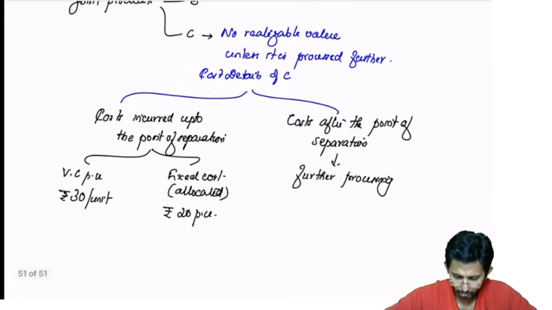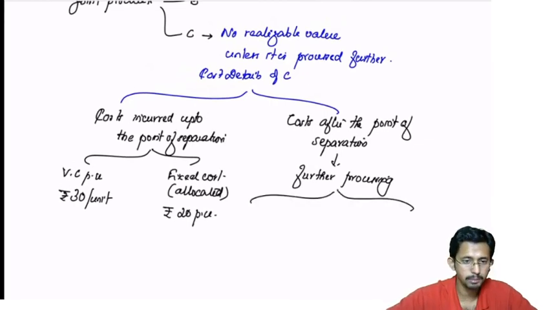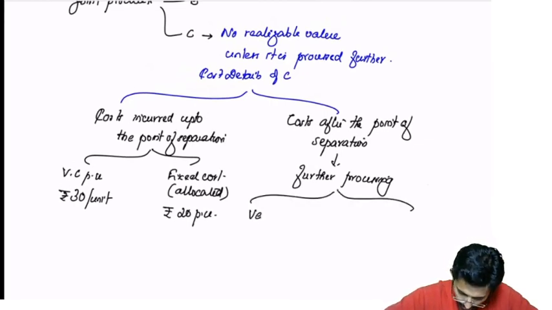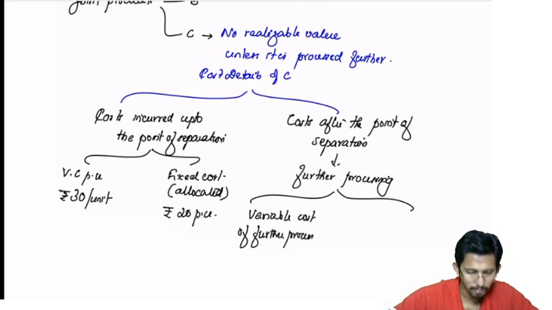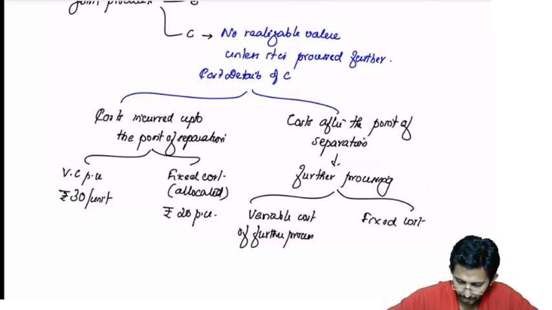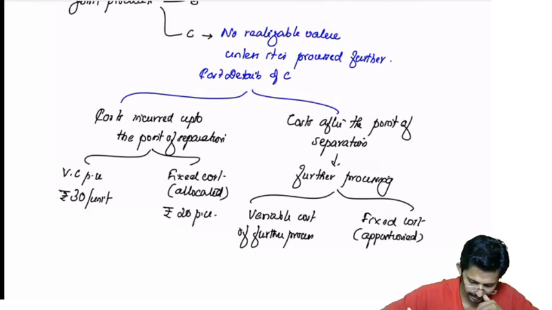Now what can you do? Here also there are two types of cost. One is the variable cost of further process, and the other is fixed cost, which may be apportioned.